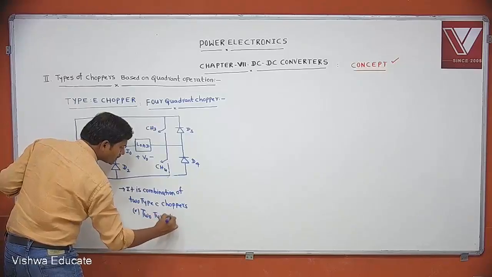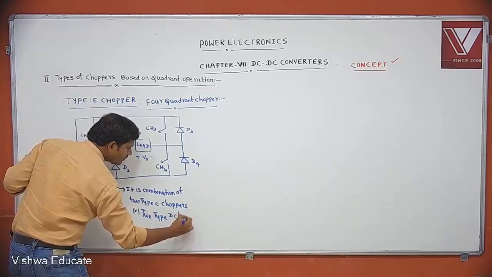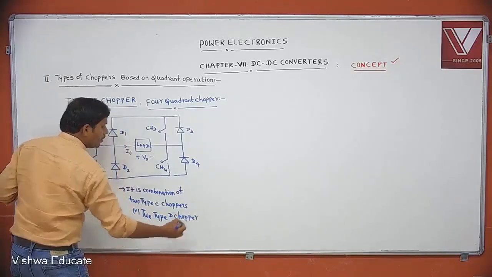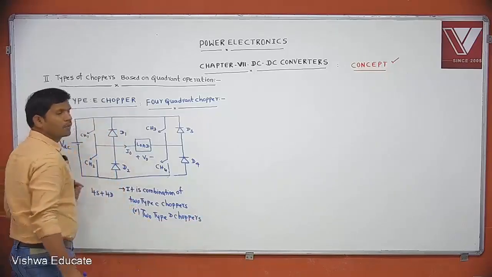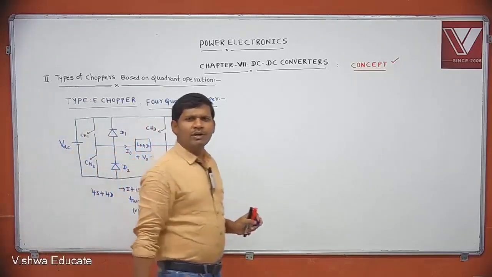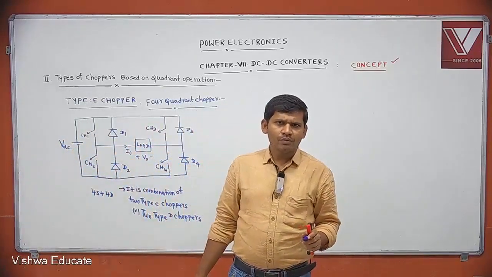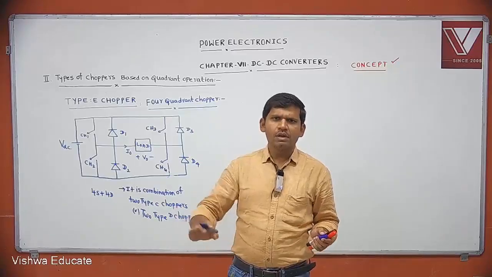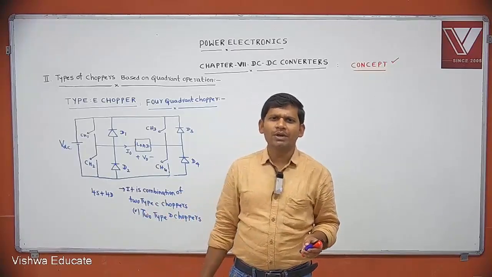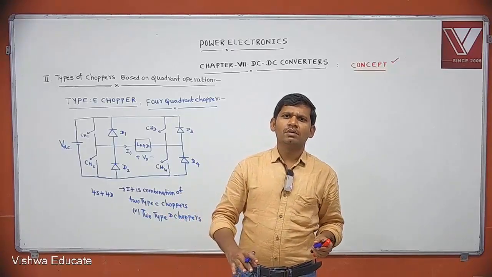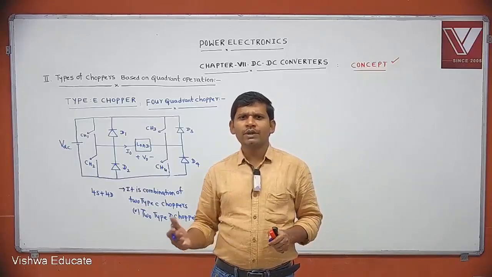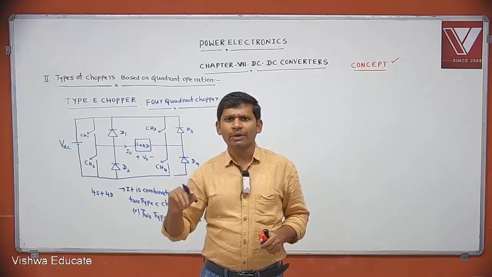Like that we can realize it. We know that one type C chopper is operated in first and second quadrant. The opposite type C chopper is operated in third and fourth quadrant. Then we can operate this chopper in all four quadrants.